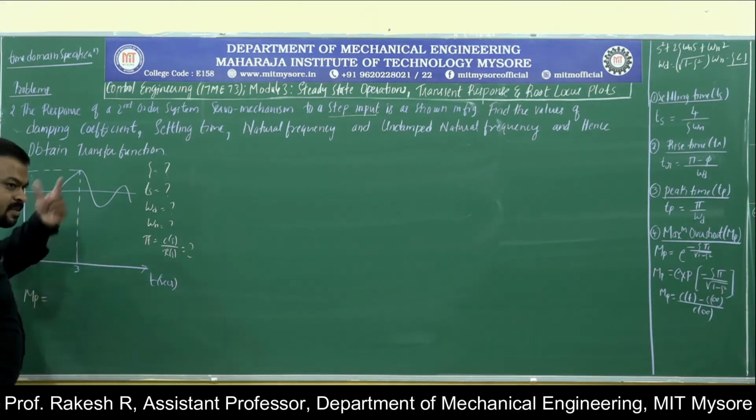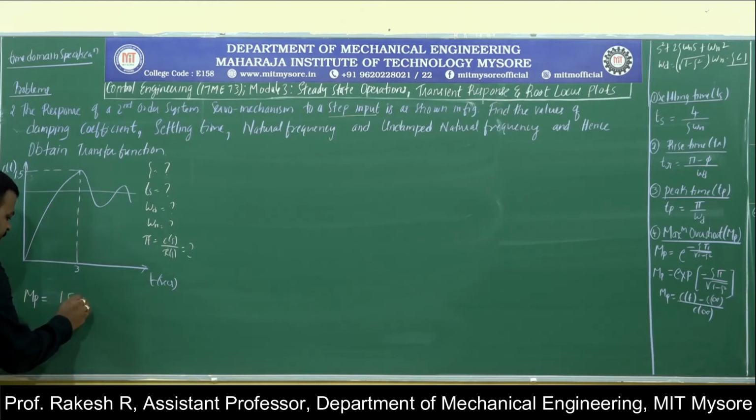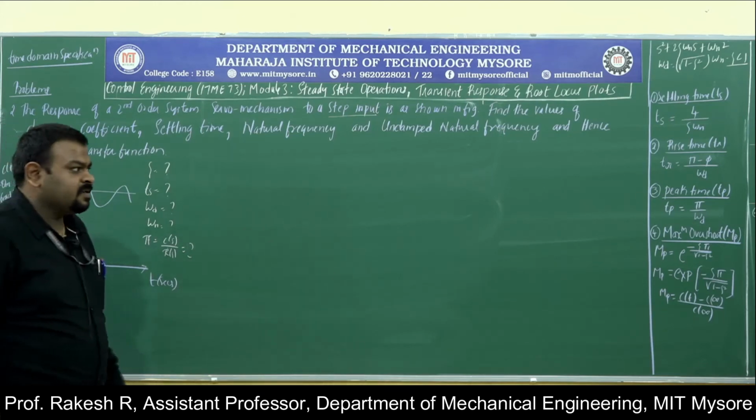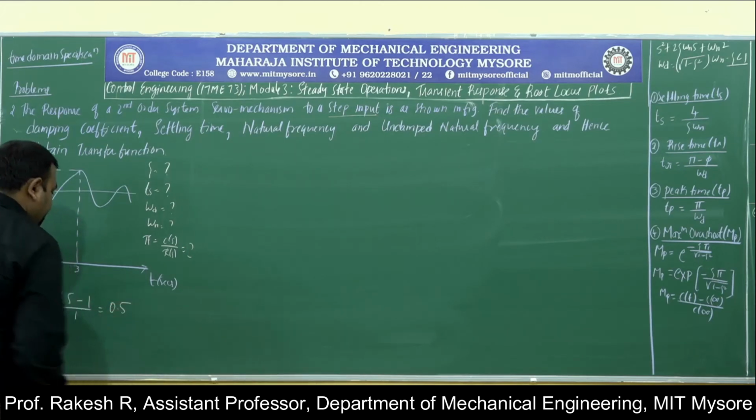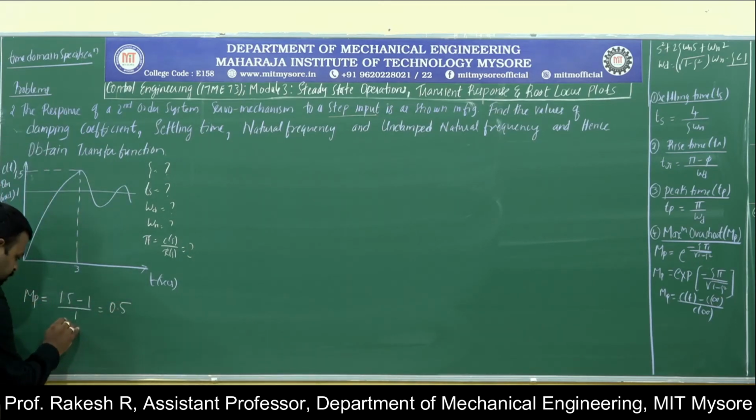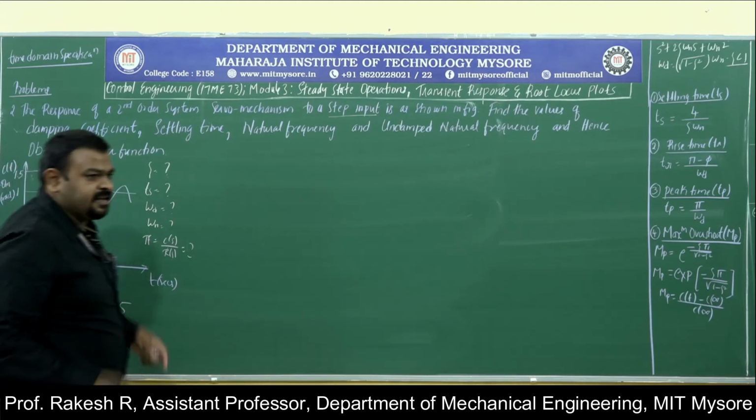It crossed 1.5 minus 1, where 1 is the steady state value, divided by 1. So the value of Mp will be 0.5. This is based on maximum output minus steady state output divided by steady state output, in the form of C of tp minus C of infinity divided by C of infinity. So like this we have extracted data here.